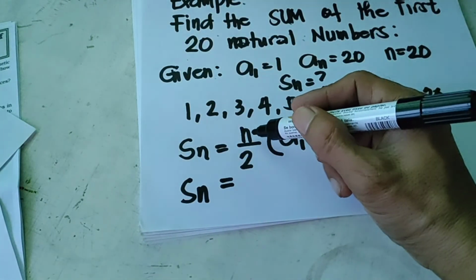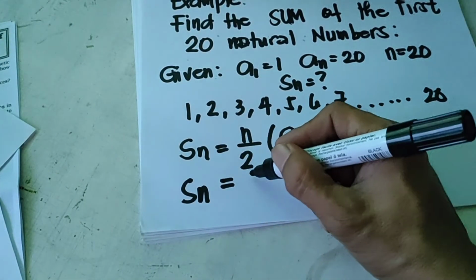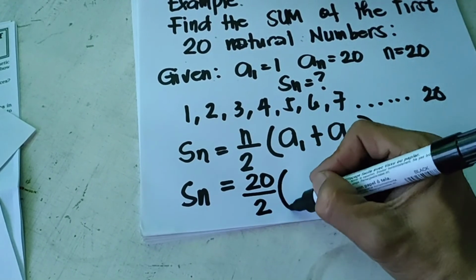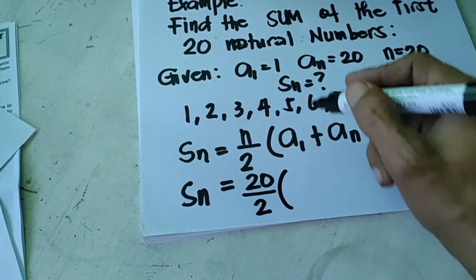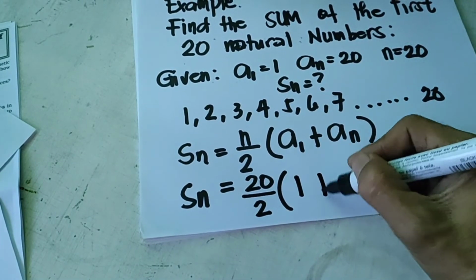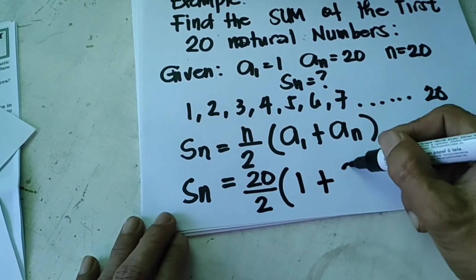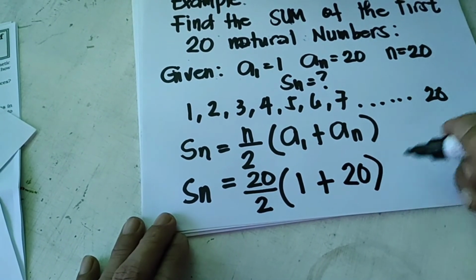So, yung n natin is 20. So, you are going to write 20 over 2. Then, multiplied, yung a sub 1 is equal to 1 plus yung an natin is 20. So, you have to write down 20.